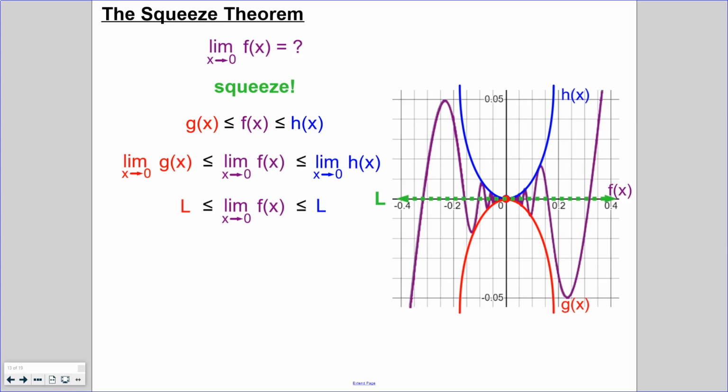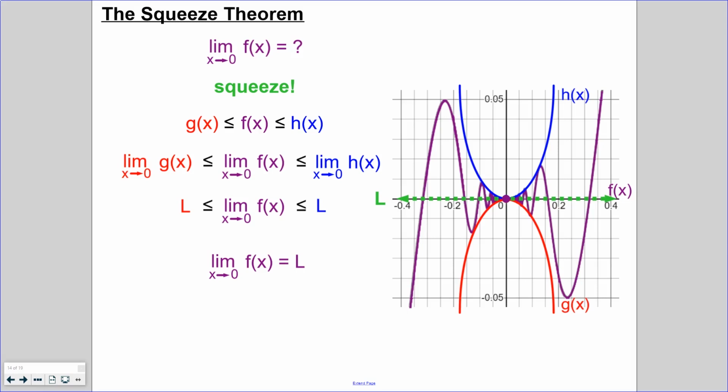Therefore, the limit as x approaches 0 of f of x has to be greater than or equal to L and less than or equal to L, so the only value that our limit can be is L. That is essentially the squeeze theorem. We are trying to squeeze an upper and a lower limit till they get to the same value, and we squeeze the function we're looking at to find the limit of that function.